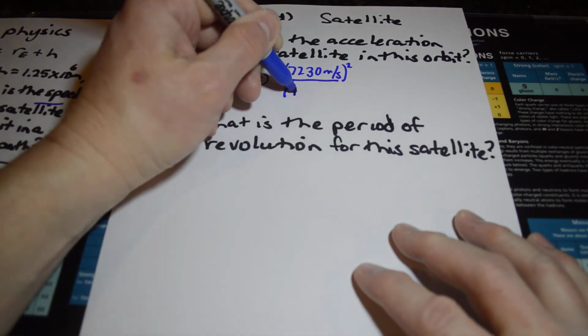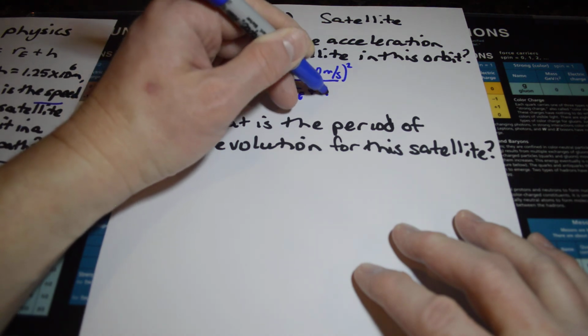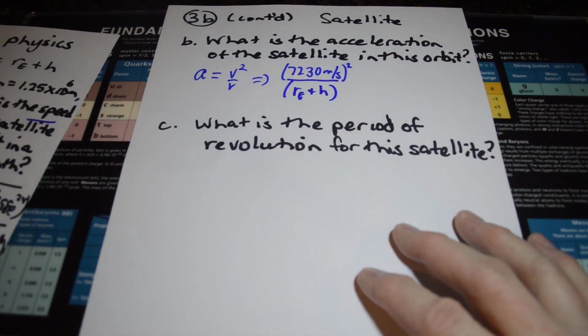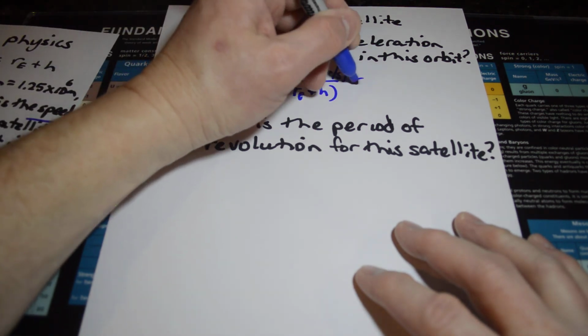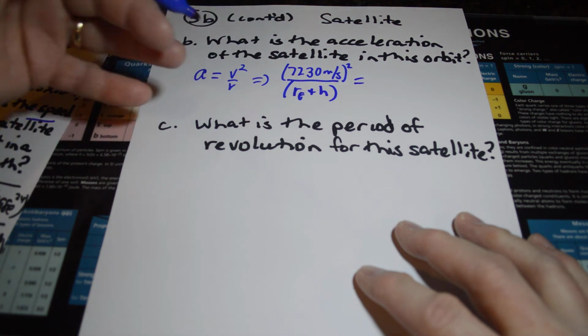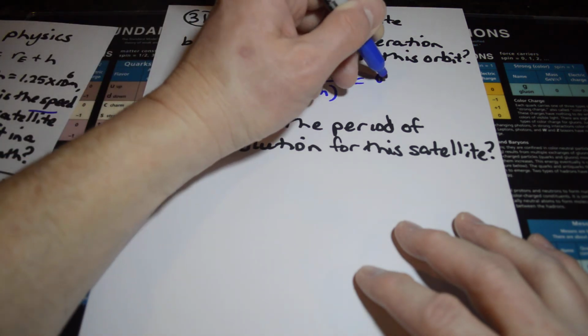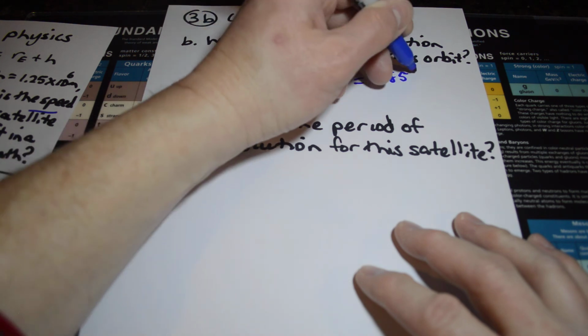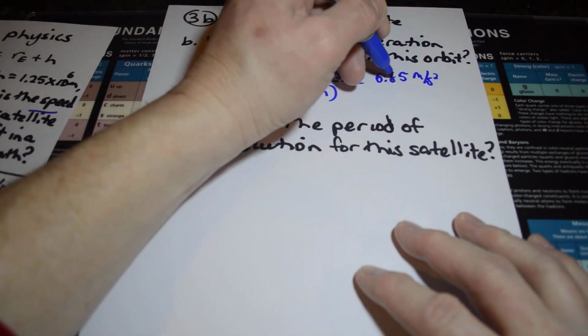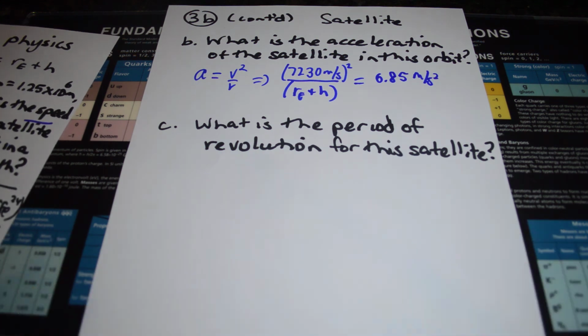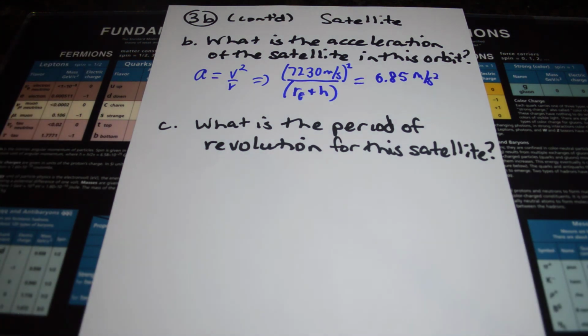I'll just write that in as a variable, and then you go ahead and put in the numbers. You should be able to get what the acceleration, basically the acceleration due to gravity, would be. It turns out that it's 6.85. It's no longer 9.8 because you're not on the surface of the Earth. The acceleration is reduced to 6.85 meters per second squared.